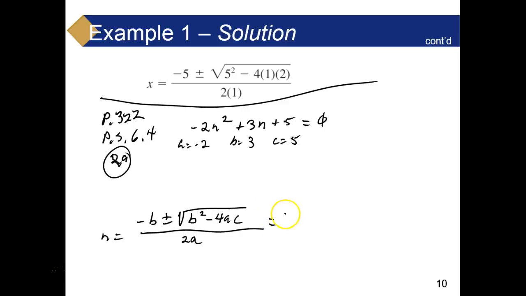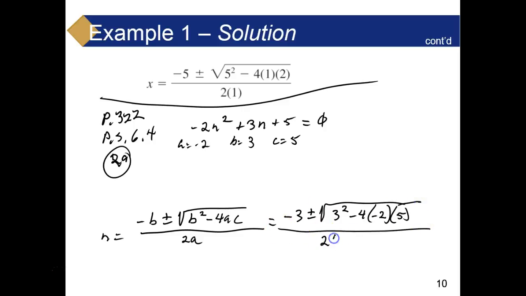So that would be negative 3 plus or minus the square root of 3 squared minus 4 times negative 2 times 5, all divided by 2 times negative 2. Very good.